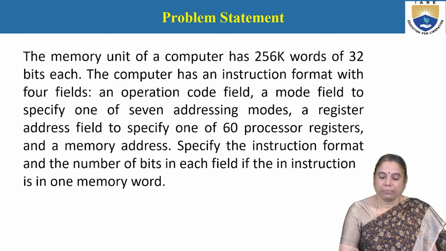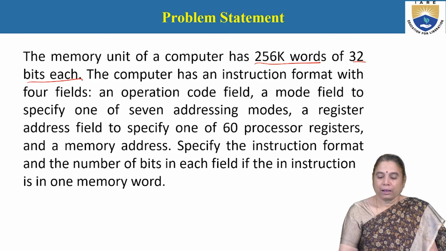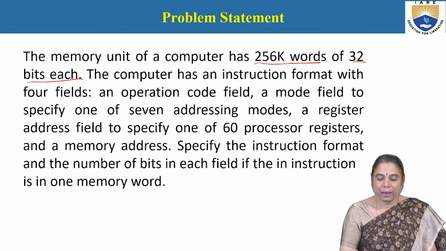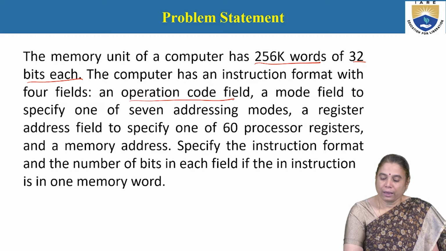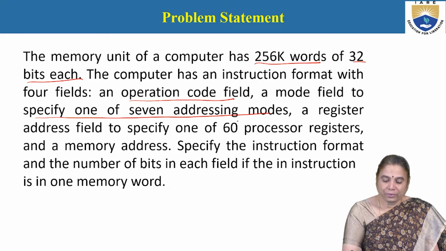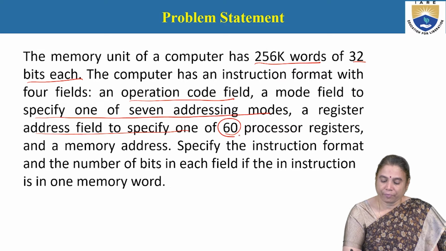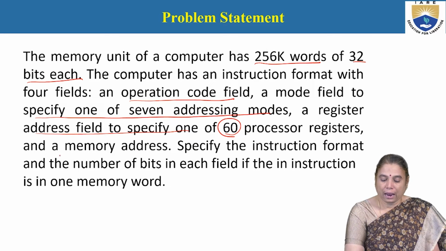Next problem statement: the memory unit of a computer has 256 kilowords of 32 bits each. The computer has an instruction format with 4 fields: the opcode field, a mode field to specify one of the 7 addressing modes, a register address field to specify one of 60 processor registers, and a memory address.